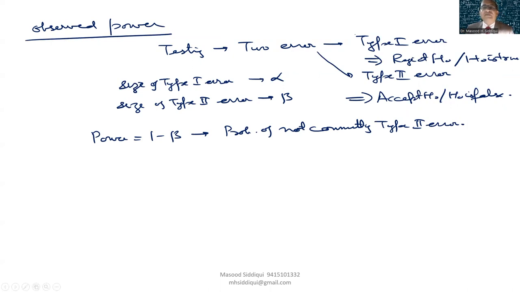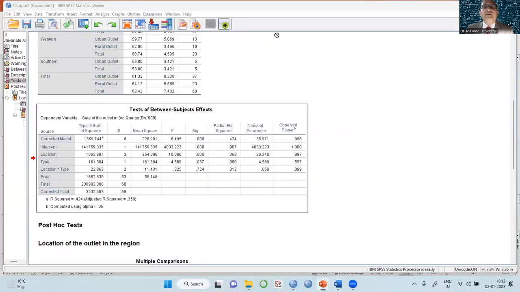Now here, as we have the results, that is the contribution. Like this is the contribution of the location, high contribution, right? The type is having relatively low contribution, and as we have mentioned, the interaction effect is insignificant, so it has further low contribution.